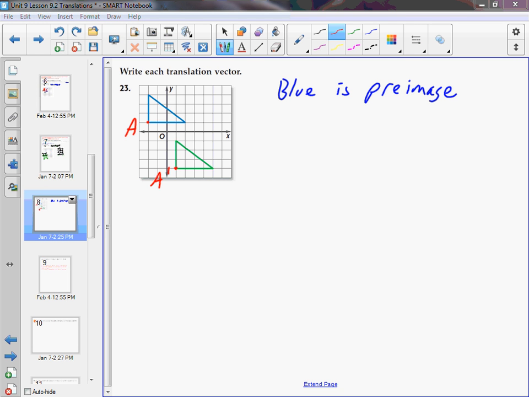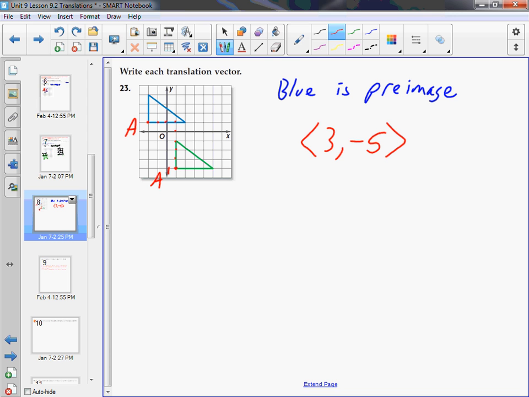So how far to the right does A move to become A prime? 1 space, 2 spaces, 3 spaces, then straight down. So the 3, and then how far down does it go? 1, 2, 3, 4, 5. So negative 5 since it's down. So that's what the book wants. That's the translation vector.